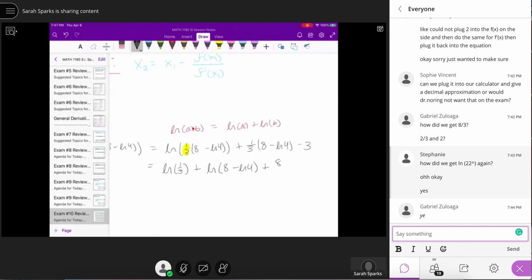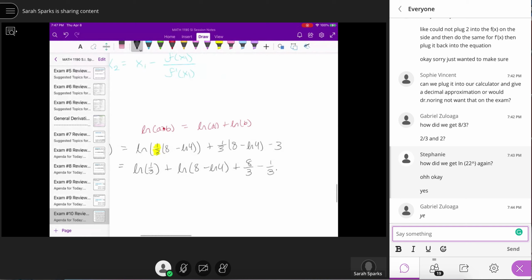We get 8/3 minus 1/3 natural log of 4, minus 3. And we can add those two together, that 8/3 and that 3. So we're going to get natural log of 1/3 plus natural log of 8 minus natural log of 4.